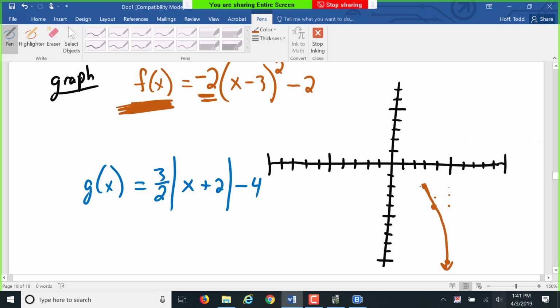On the other side, going back 1, well, negative 1 squared is still 1, times negative 2 is negative 2, so I go down 2. Back 2, negative 2 squared is 4, times negative 2 is negative 8, so I go down 8. So I get a parabola, something like that.